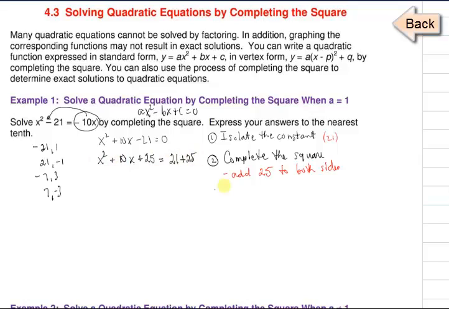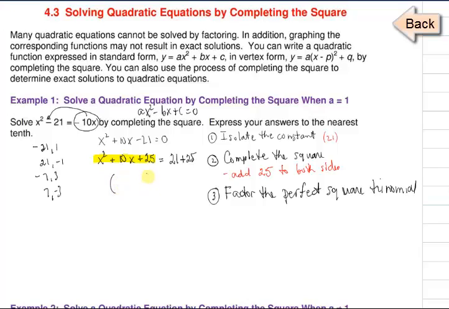All right, so our third step is to factor the perfect square trinomial. Okay, so our trinomial is here, and we want to factor that.